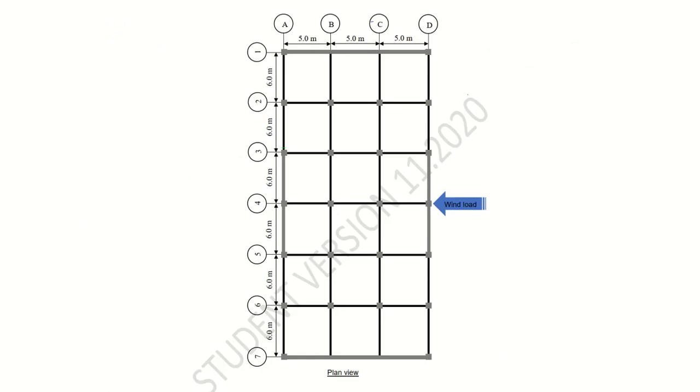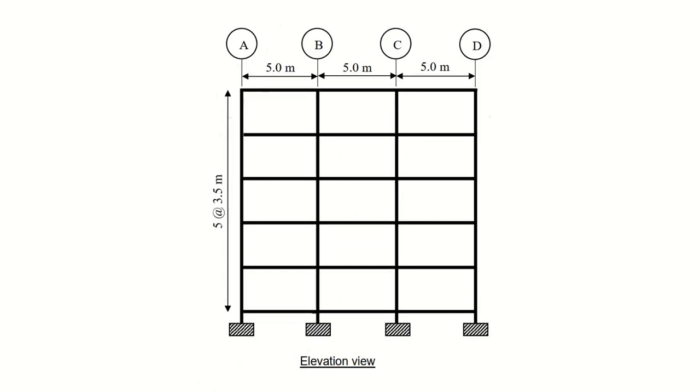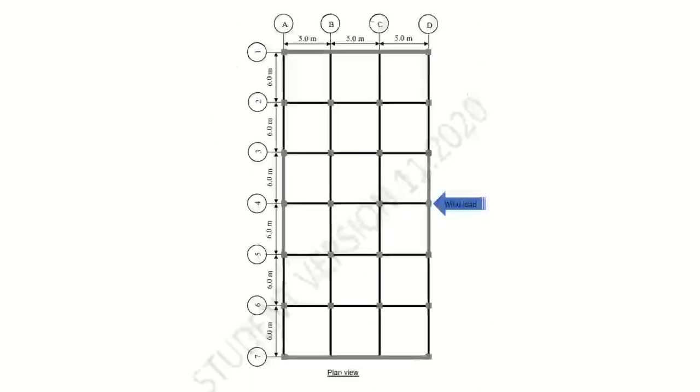Let's look at this figure here. From kilonewton per meter square, you have this kilonewton per meter square. For example, just imagine here.